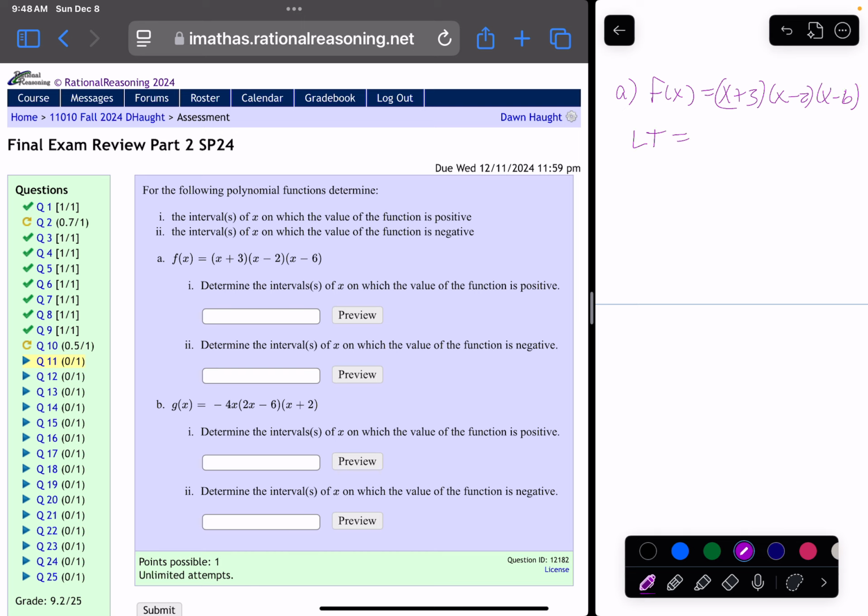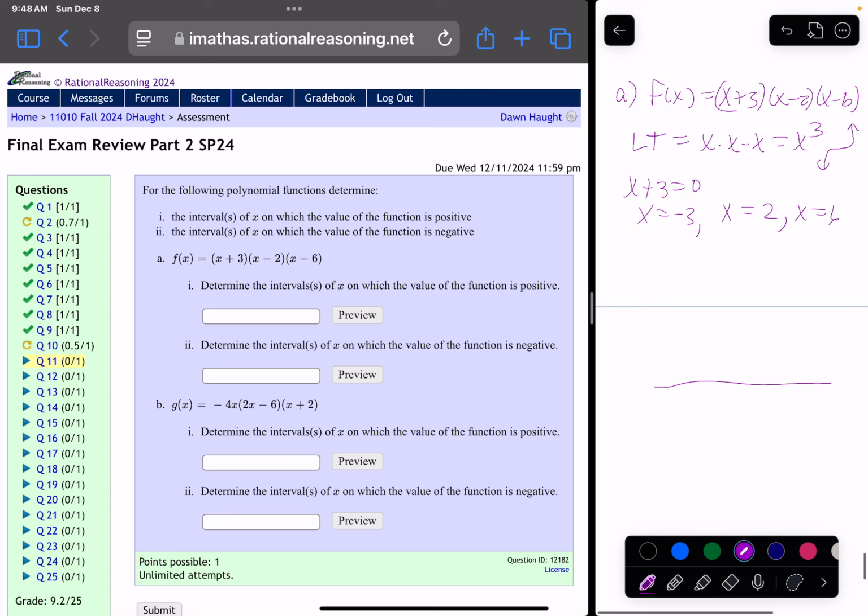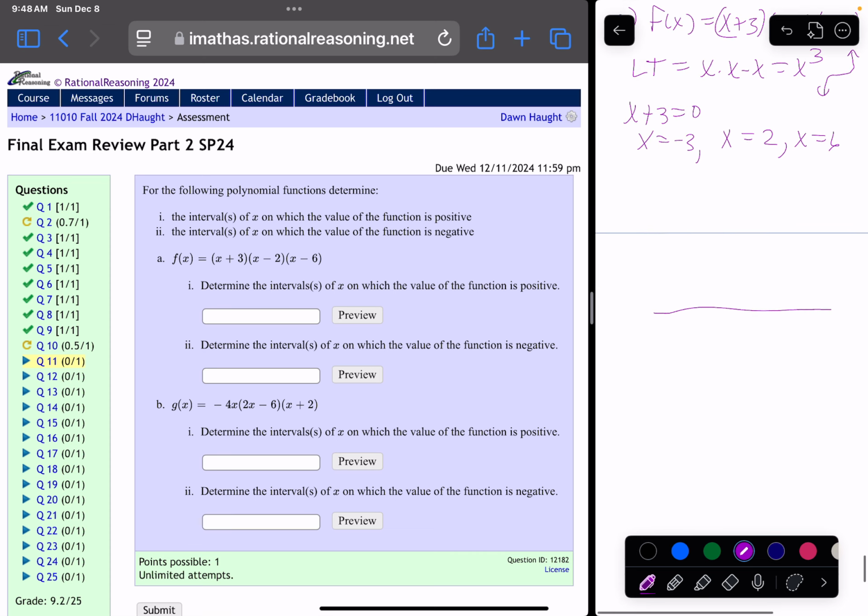The lead term of this is all the x's together, or x cubed. So I know the right end goes up and the left end goes down. I have a 0 at -3, at 2, and at 6. So I'm going to make a very rough sketch. It's not going to be pretty.